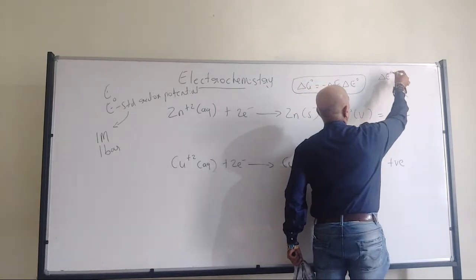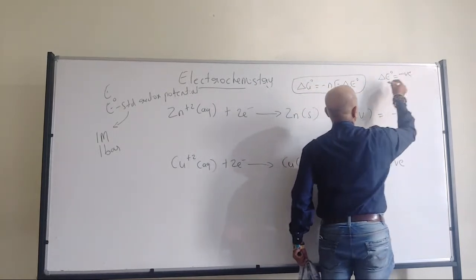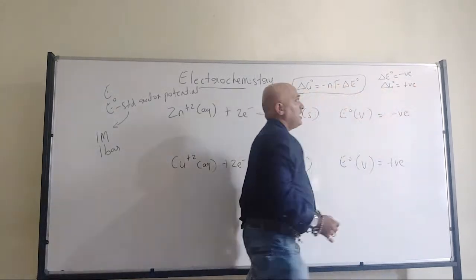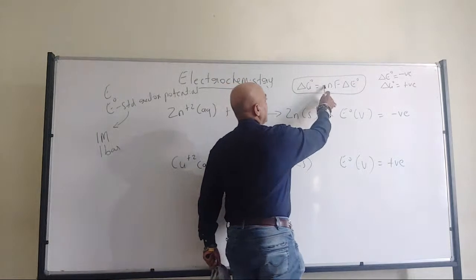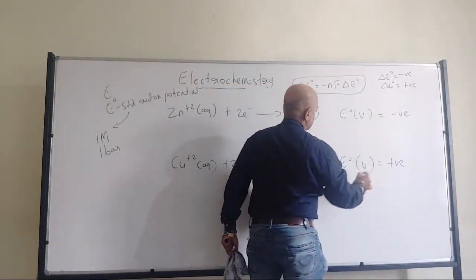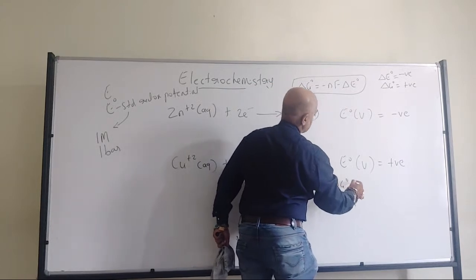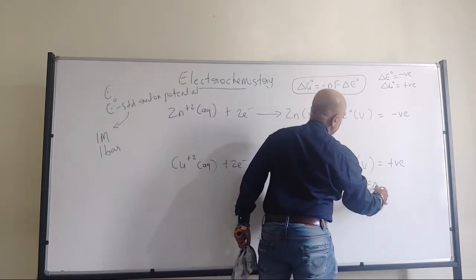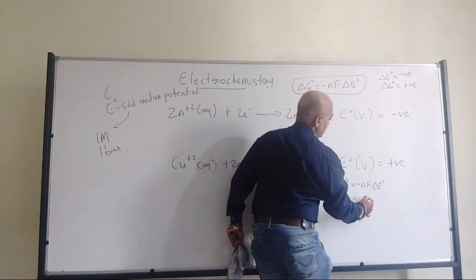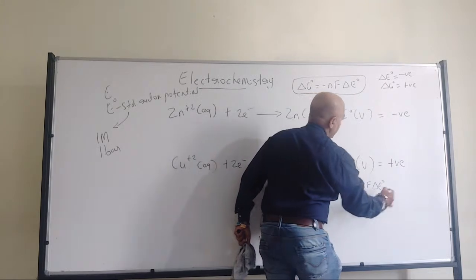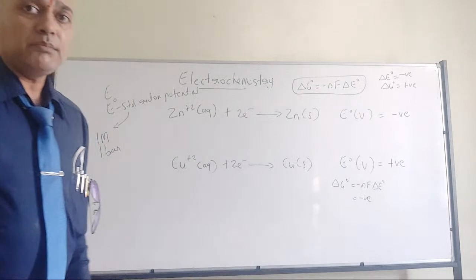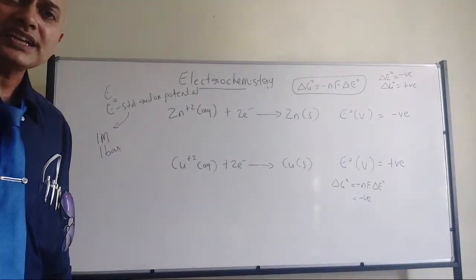Whenever delta E naught value becomes negative, delta G naught value will become positive. All of you have understood? Because negative becomes positive. In the second case, in minus NF delta E naught, since there is a positive value, delta G naught value will remain negative. All of you are understanding?